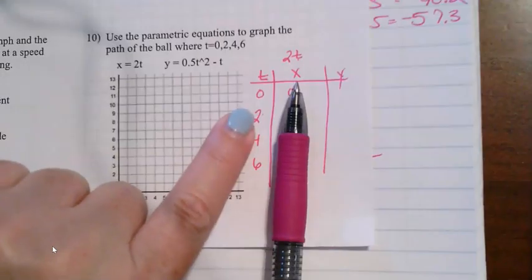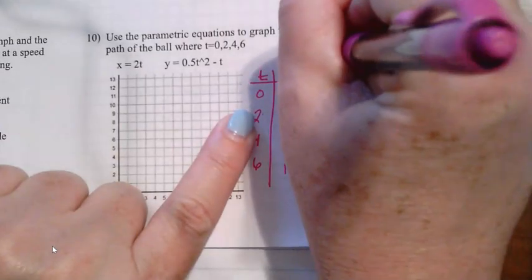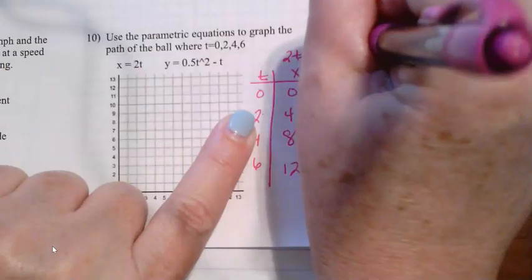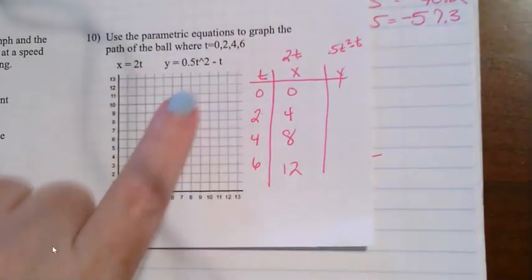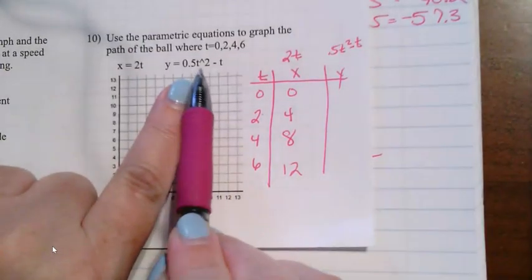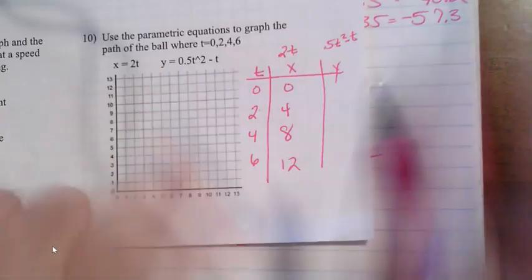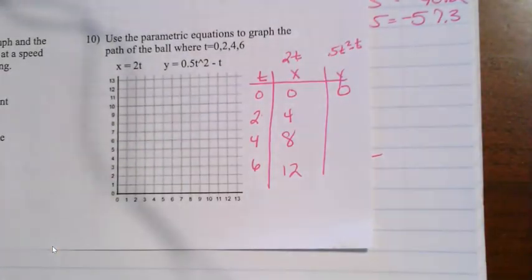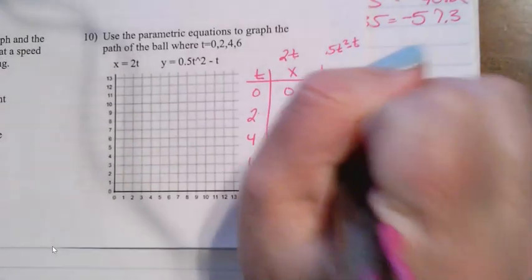We're going back here to the 0.5 t squared minus t. Okay, so if I plug 0 in, it's all 0. 0.5 times 2 squared minus 2, and we get 0.